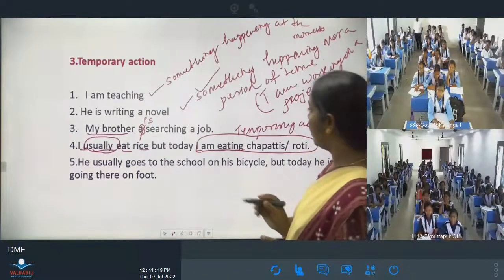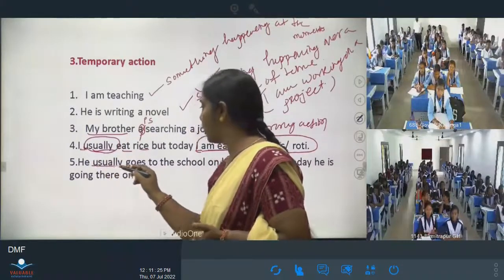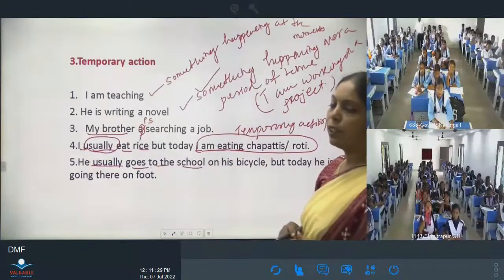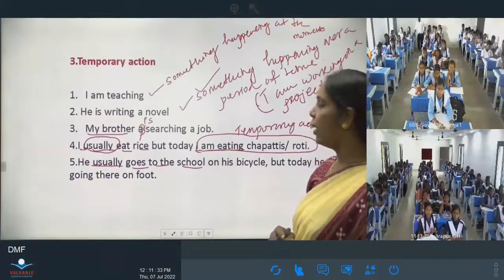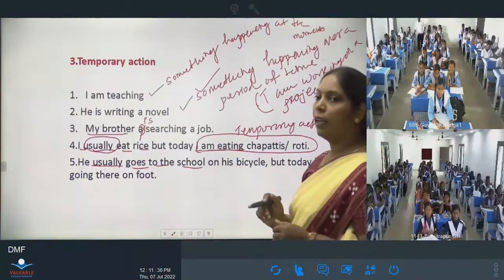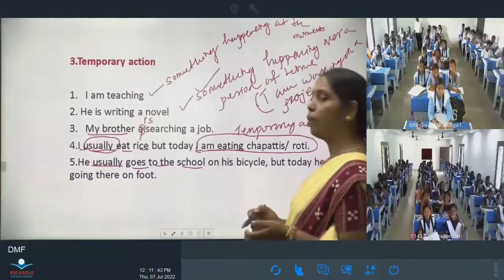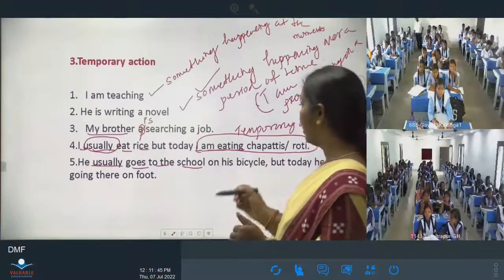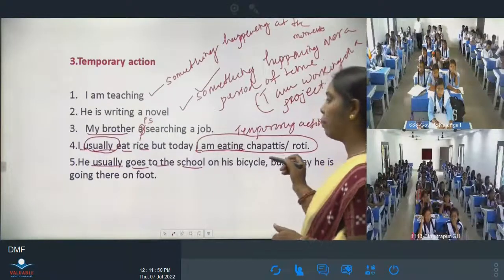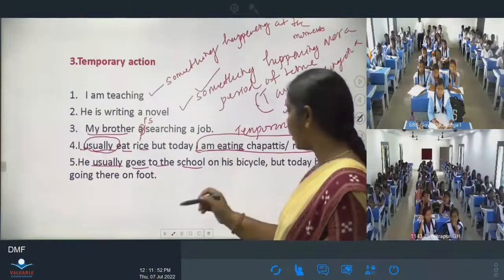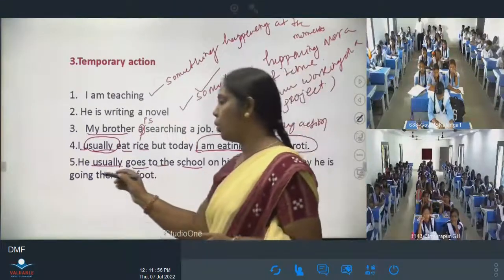There is another example of temporary action. Look here. He usually goes to school on his bicycle. Every day he uses his bicycle. But on that particular day, temporarily, he went to school on foot. Every day he goes to school on his bicycle, but on that particular day only, he was going to school on foot.